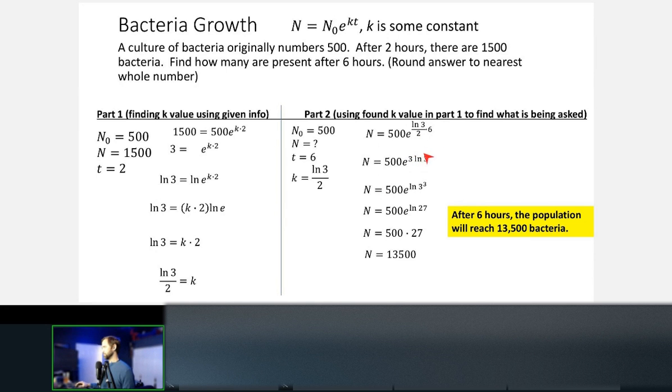I move this 3 back to here to be 3 cubed. I should have canceled out e and ln and just dropped down 27 in one step. But it looks like I did 3 cubed first, then canceled out e and ln, and 27 came down, and then that times that. But I think most people just type that in. Whatever works for you. No rounding. Right on the dot.